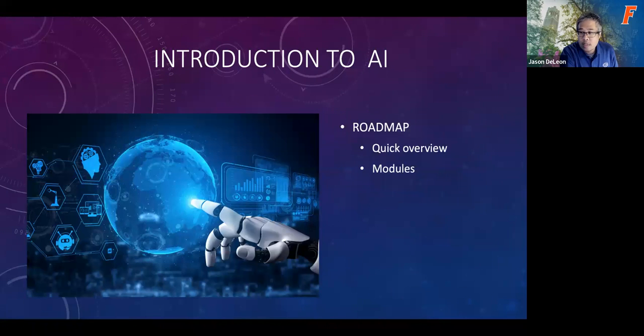This course has been designed to give you a quick exposure into a wide array of concepts and the broad subject of artificial intelligence. In this roadmap, we will look at a quick overview of the course and modules. Along the way, I will introduce you to some new terms, and not to worry, we'll be reintroducing these in the course.